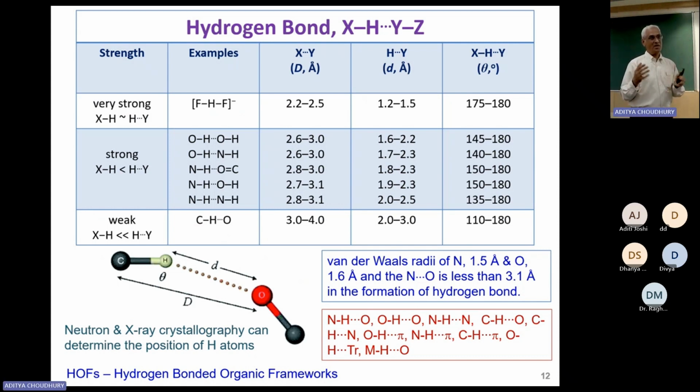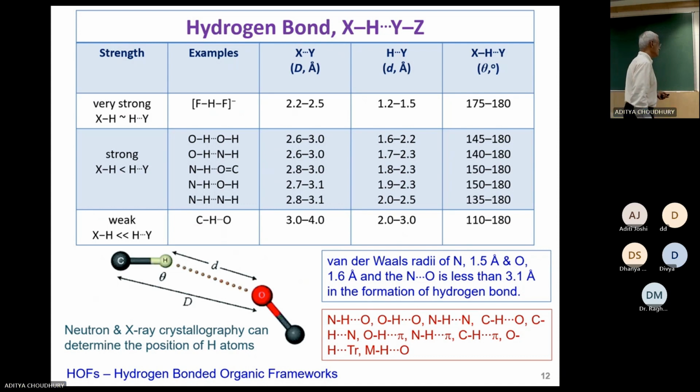But in the crystal structure, you have other interactions that will try to distort this angle, although it is strong. So you always get less than 180. In this very strong one, it is closer to 180, because if it is very weak, even 110 degrees you get, it's highly bent, but still it is there.